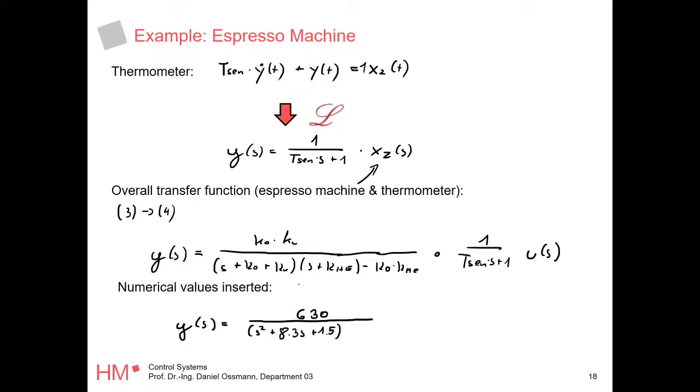So this is really just adding plain and simple all the values, and I think I computed this polynomial, which ends up being s squared plus 8.3 s plus 1, and what remains on the right is, oh, I think I forgot this, T sensor is 0.5, so we have 0.5 s plus 1 here times u of s.